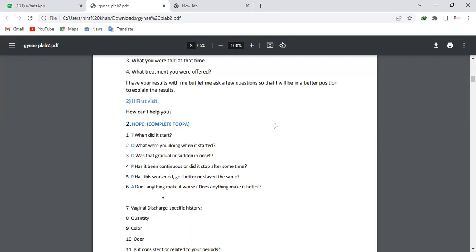By that I mean, in the start the discharge was very small and then it has increased in quantity. You are supposed to ask this as well. And the next question would be, is it continuous, or does it come and go? Has this worsened, got better or stayed the same? And then ask, have you noticed anything that makes it worse, or anything that makes it better?